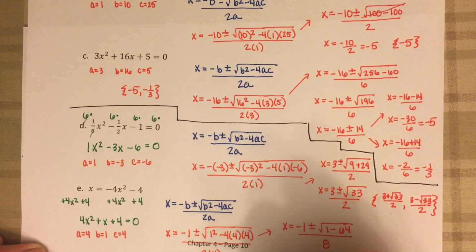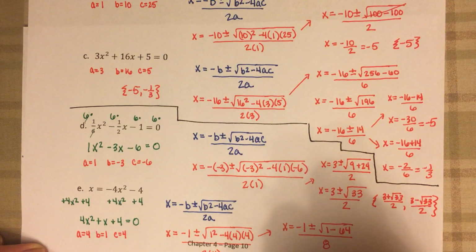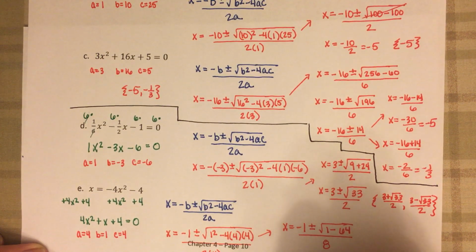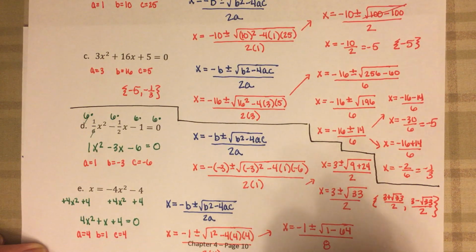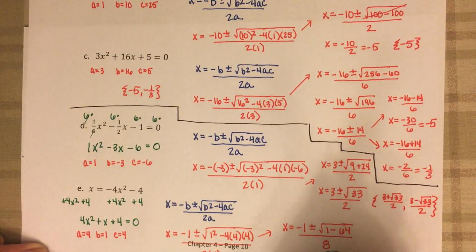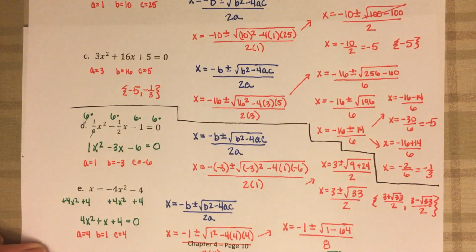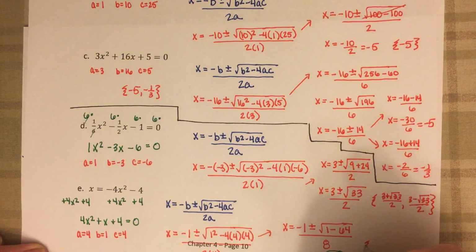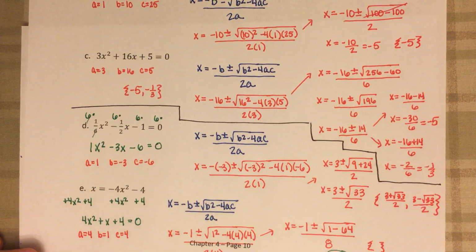So x equals -1 plus or minus our square root of -63 over 8. We are not allowed to have a negative inside our square root in order to be a real number. So to finish this one off, we get the empty set as well.